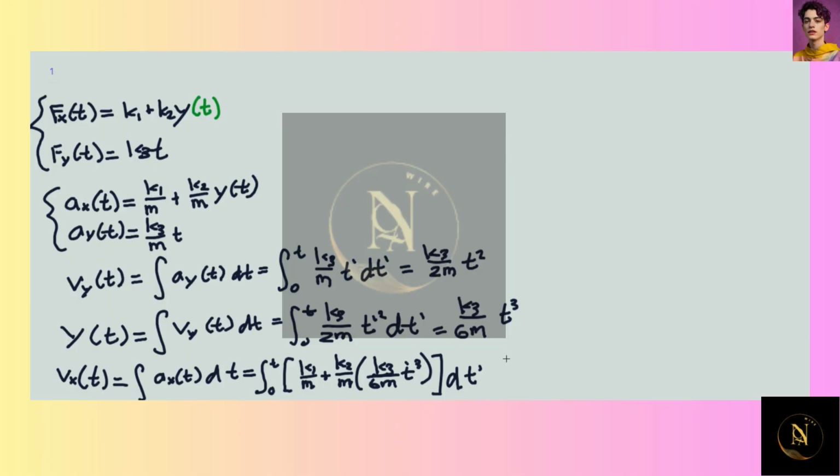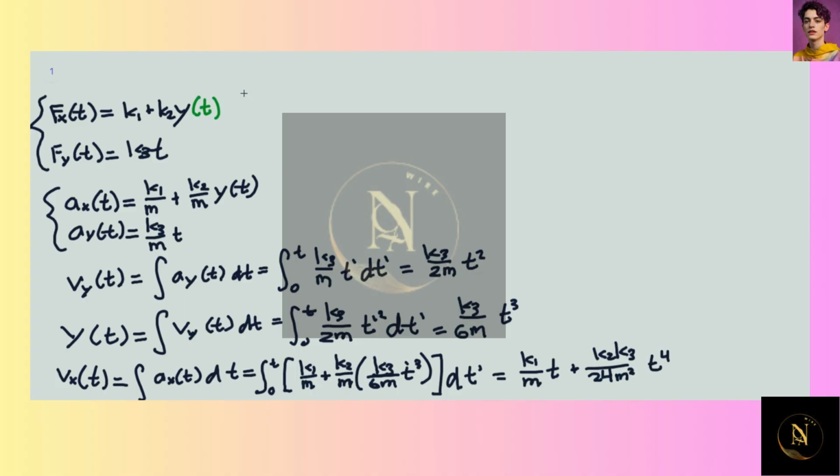What this will come out to be is k1 over m t, a single t over here, added to k2 k3 over 24 m squared t to the fourth power.